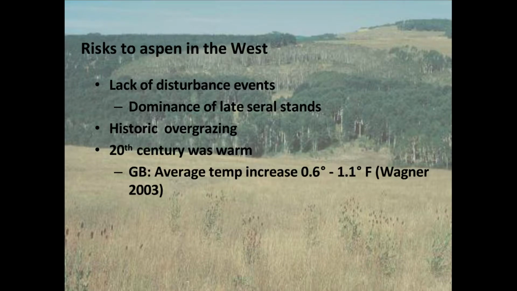The 20th century was also a warm century, as we've been hearing the last couple of talks. The Great Basin has experienced an average temperature increase of 0.6 to 1.1 degrees over the last century. There's an anticipated further increase over the next century.